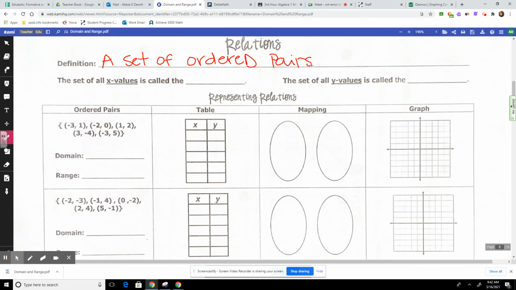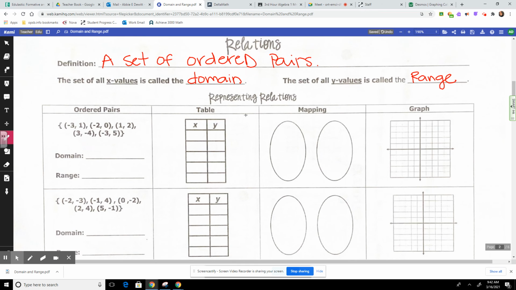And a set of ordered pairs is a relation until it's determined to be a function. And a set of ordered pairs is only a function if x values do not repeat. Okay? So the set of all x values is called the domain. The set of all y values is called the range.